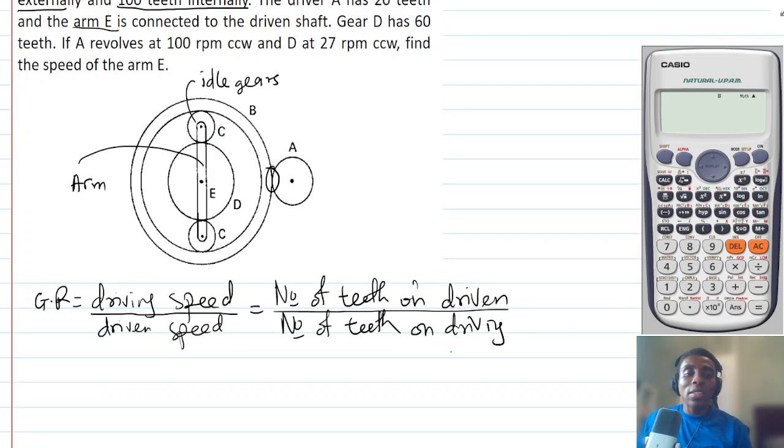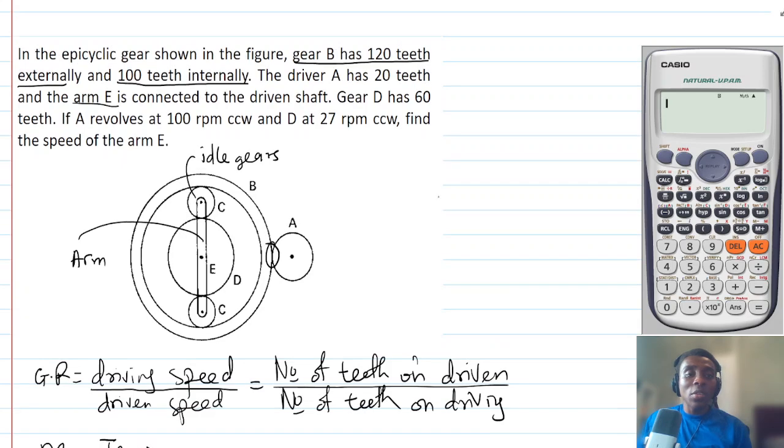Having known that, in terms of B and A, in the external arrangement the number of teeth ratio is going to be TA over TB, because A is moving, so this is driver A. If A revolves at 100 rpm counterclockwise, D is also moving counterclockwise.